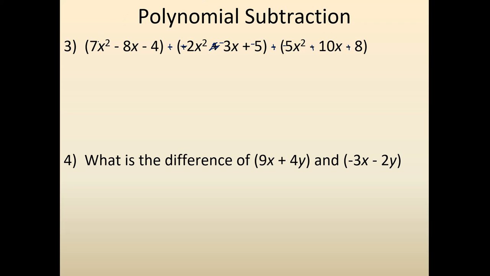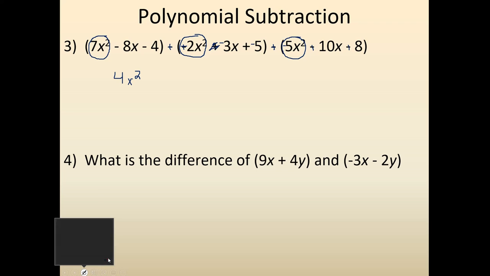So I'm going to start off with combining the x squareds. 7x squared plus 2x squared minus 5x squared. So combining those coefficients, 7 plus 2 plus negative 5 gets me 4x squared.